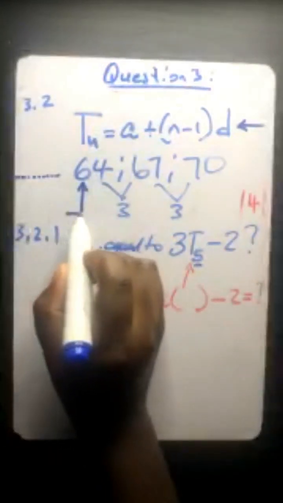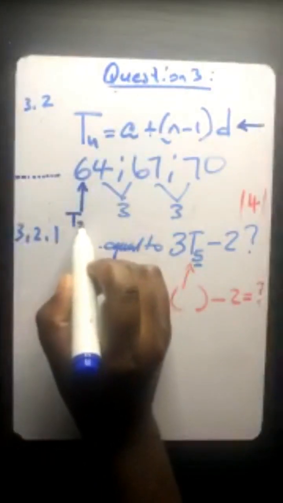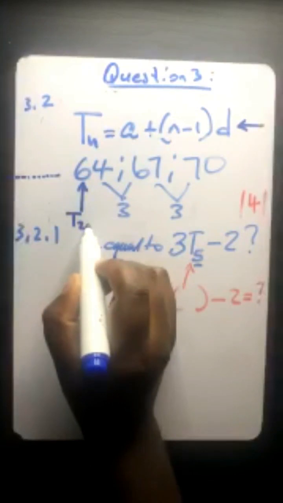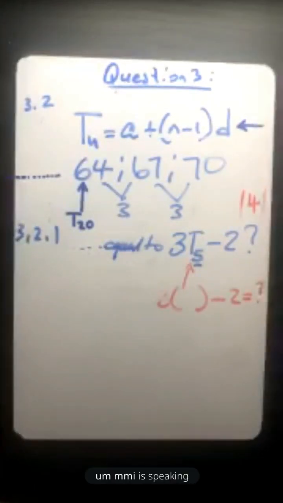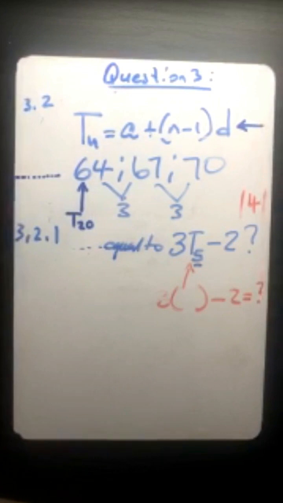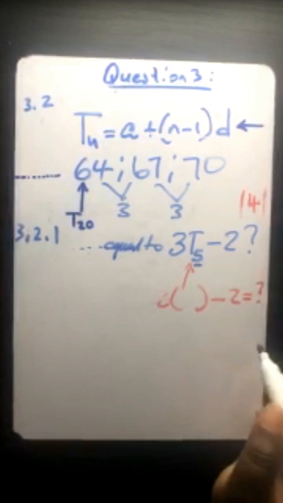I think they said 64 is term number what? Is it term number 20? I think they said something like that, isn't it? Yeah, I remember now. Thank you. Yes. Can you see how tricky it is, honorable member? They just give it to you in that manner, hoping that it will confuse you. That is the goal of those guys.